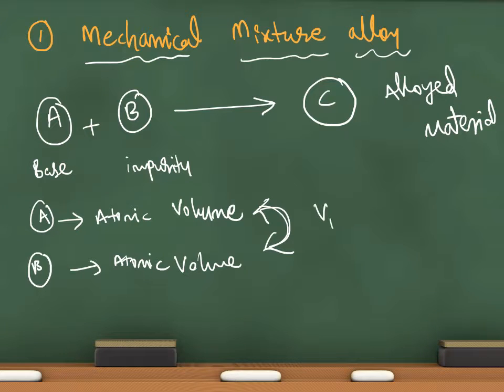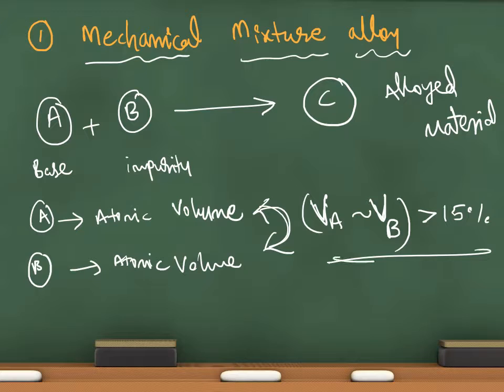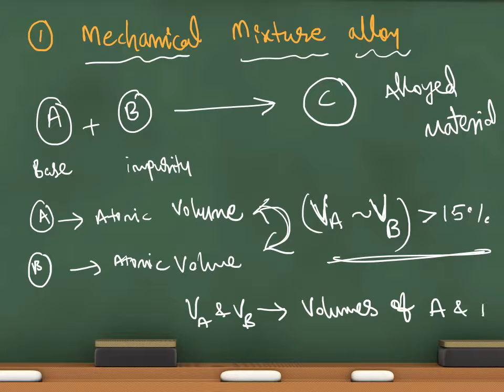That means the difference between VA and VB, the volumes of A and B, is greater than 15%. Then the alloying of these two materials is called a mechanical mixture alloy.